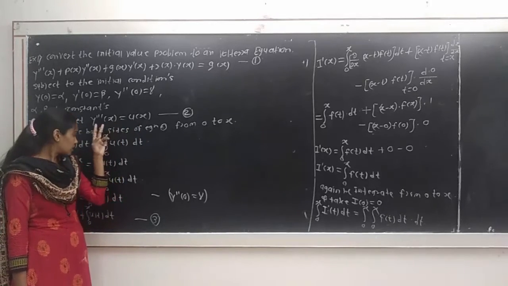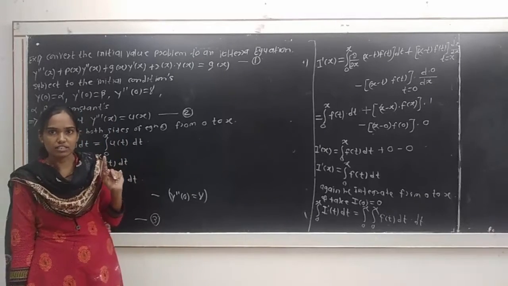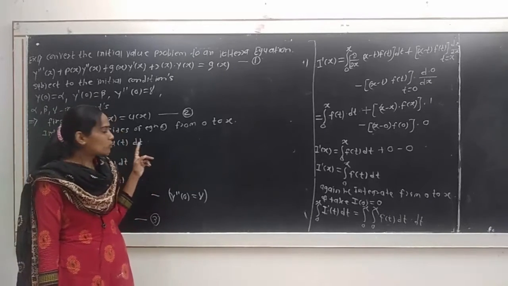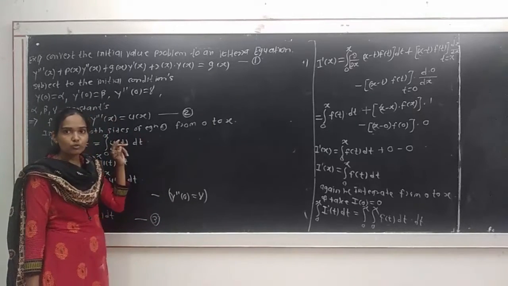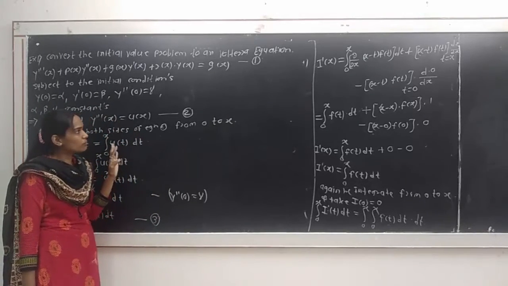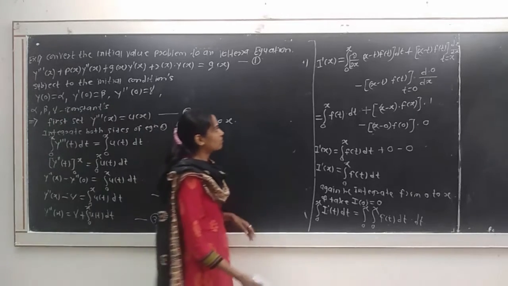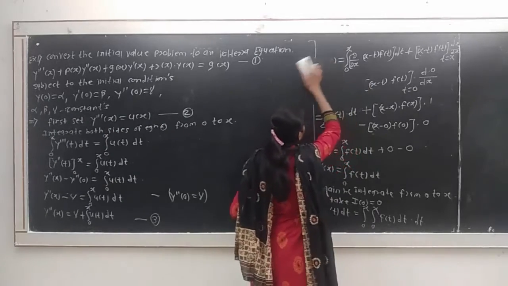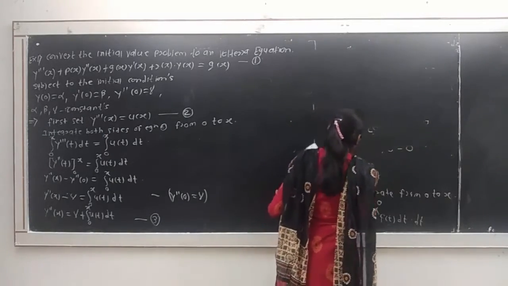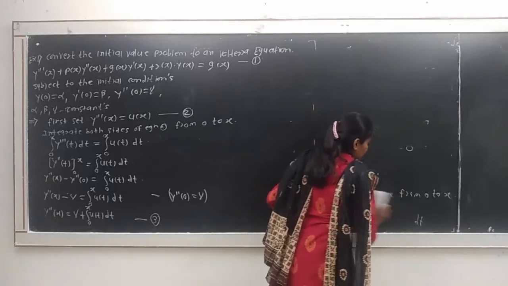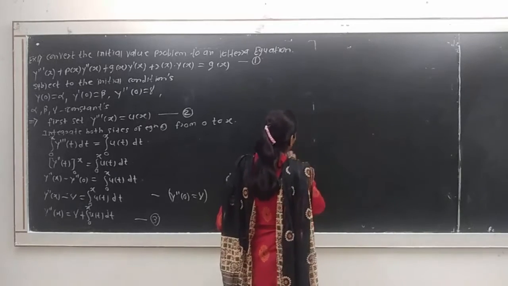Then integrate this equation from 0 to x, until the equation can be converted into the Volterra equation. Then stop the procedure of integration. Therefore, we again integrate equation number 3 for converting it into the Volterra equation.